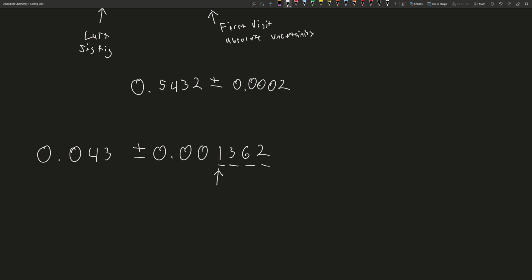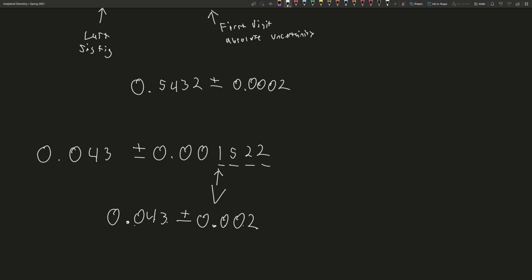If we have a 5 there, our uncertainty would become 0.002, because we're going to round it up. And then we would attach it to this number, 0.043. Same amount. That's how we attach the uncertainty here.